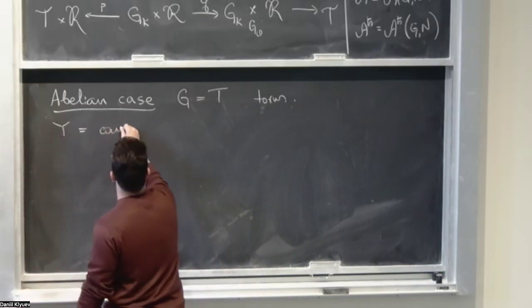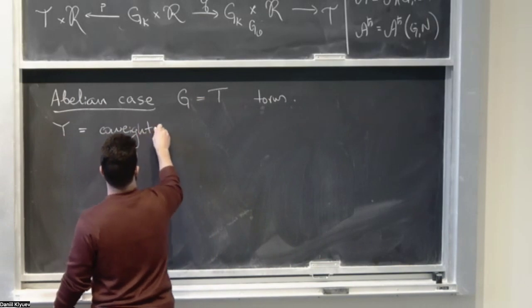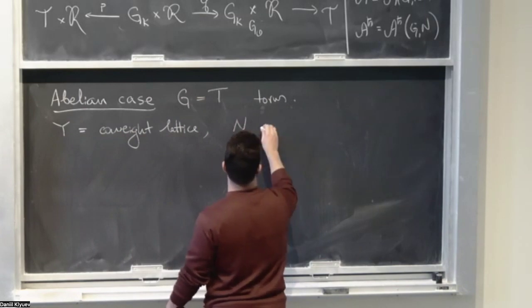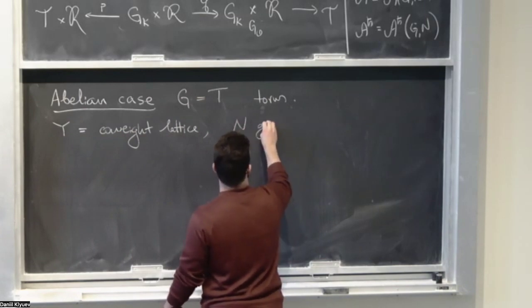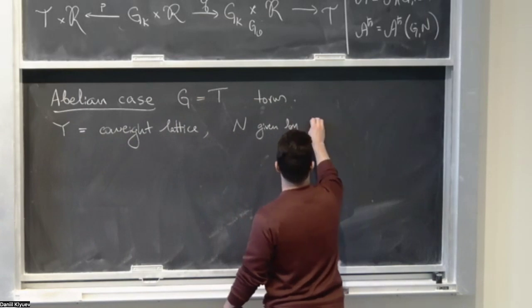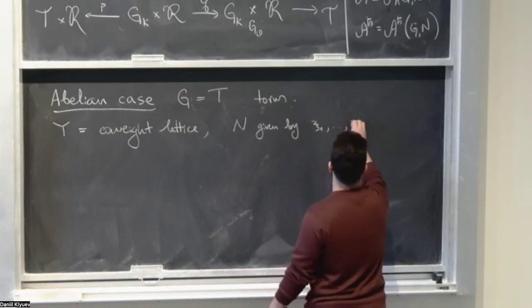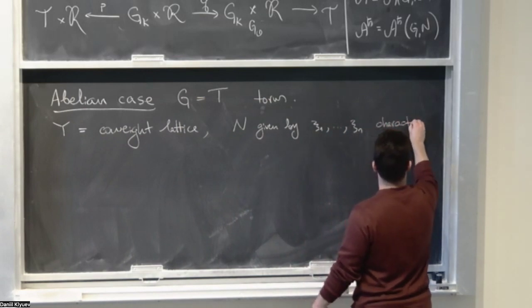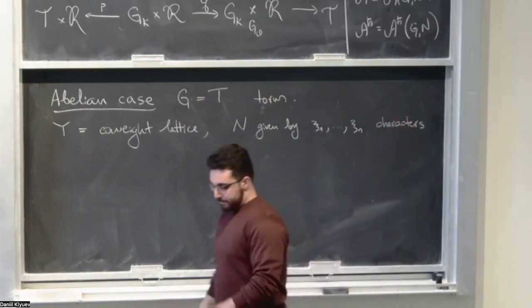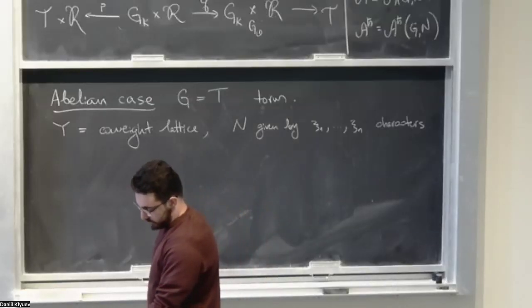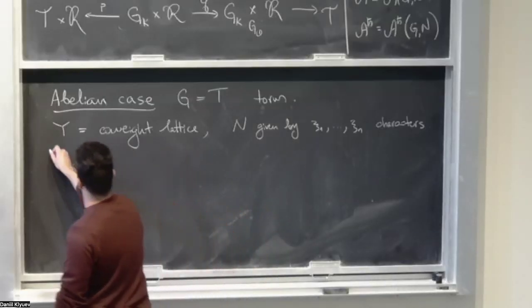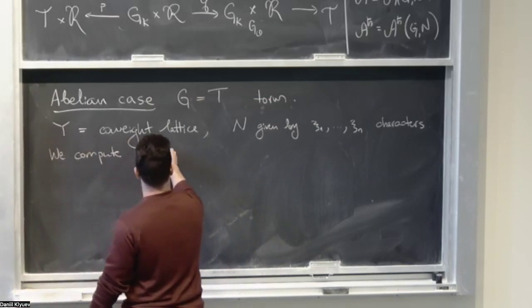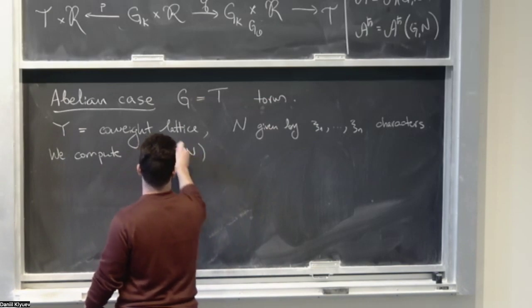Y is the cocharacter lattice, given by n characters, C1 up to Cn. So we're going to compute AC.